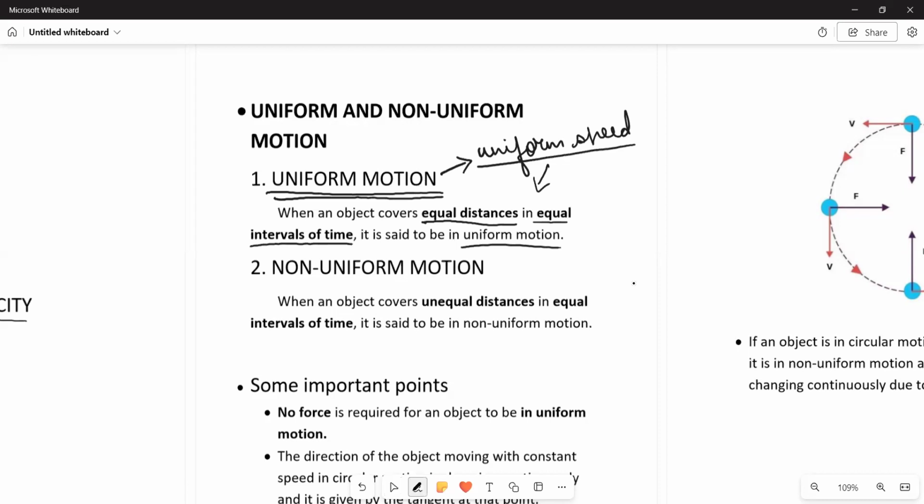So next we have the second type of motion, that is non-uniform motion. It states that when an object covers unequal distances in equal intervals of time, it is said to be in non-uniform motion. And this same was there for our non-uniform speed.